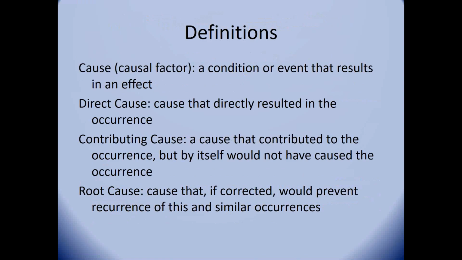This is a cause that contributed to the occurrence, but by itself would not have caused the occurrence. So this is a side factor, and sometimes you'll catch yourself in a root cause going after some contributing cause. And the root cause, if corrected, would prevent the reoccurrence of this incident and similar occurrences. So again, some different definitions of words you can use when you're doing your root cause analysis.